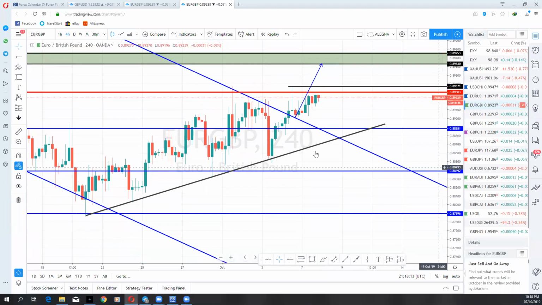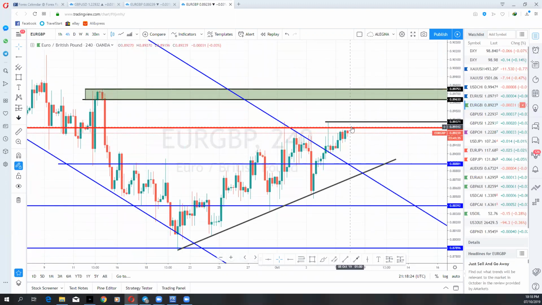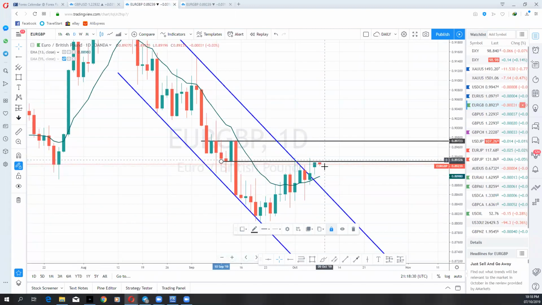But this pair has not shown that. As you can see, it has broken this channel, but it's not showing that forceful push. But if you ask me, it might be gathering momentum to take off. So we need to be careful with this pair. Even though it's not looking so bullish on the daily, the fact that it has exited this channel calls for caution in trying to sell it.